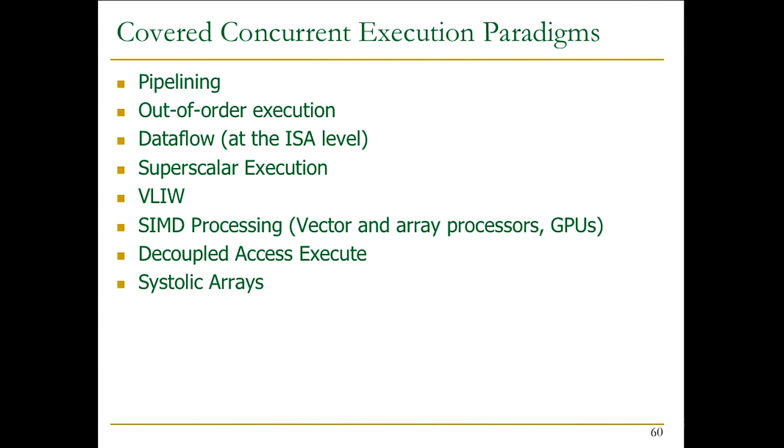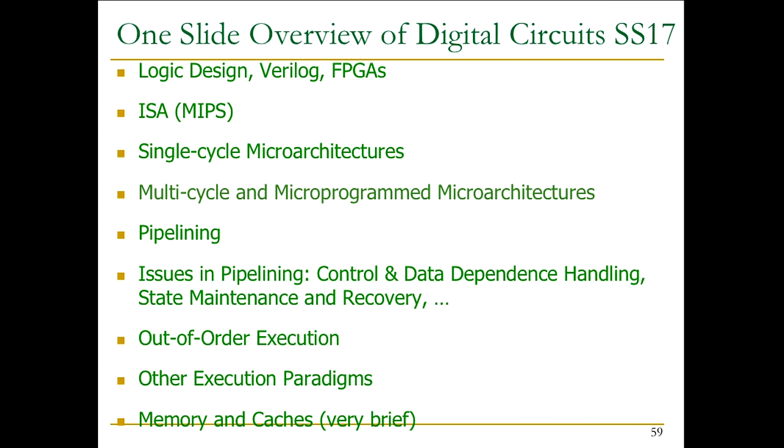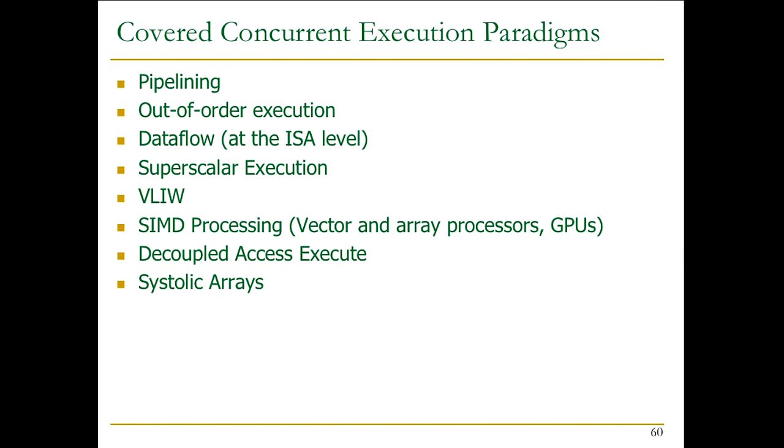But we covered a bunch of concurrent execution paradigms: pipelining, out-of-order execution, data flow very briefly at the ISA level, superscalar execution, VLIW, which I also talked about briefly, SIMD, single instruction, multiple data processing, vector and array processors, GPUs, and decoupled access execute, which you can read about, and systolic arrays. Systolic arrays are interesting because Google's tensor processing unit is actually a systolic array. If you're interested in it, maybe we'll cover it later on.